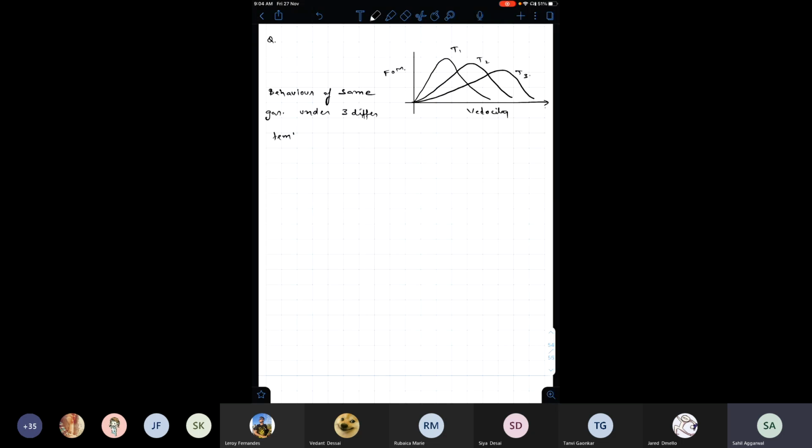What is the relationship between these temperatures? What will be the relation between temperatures?